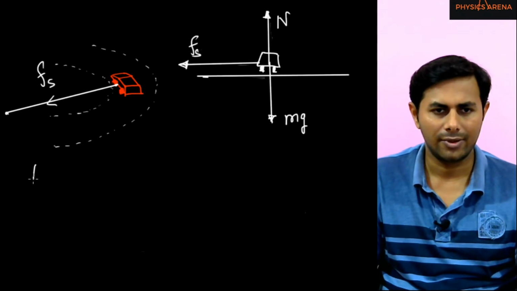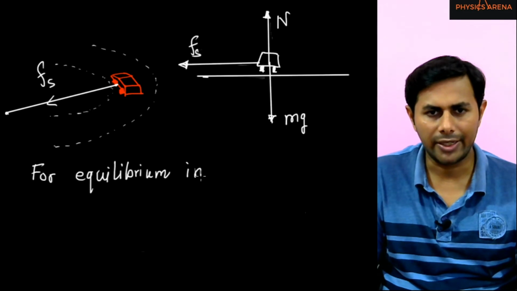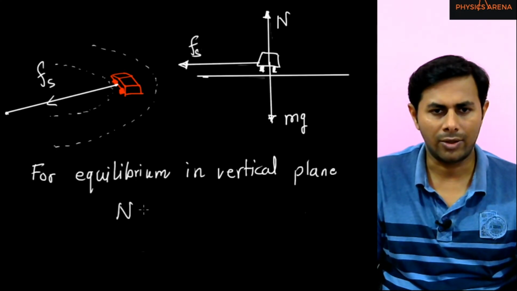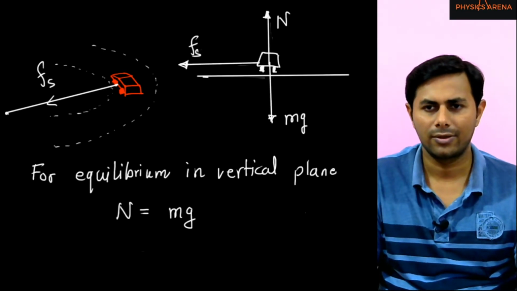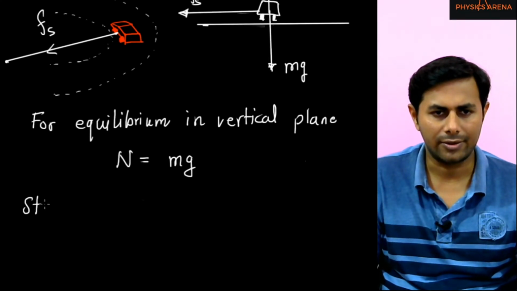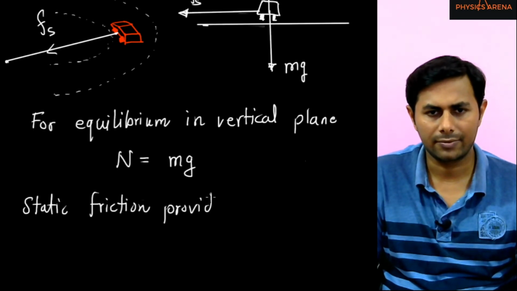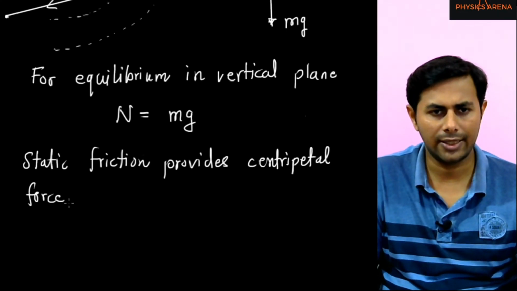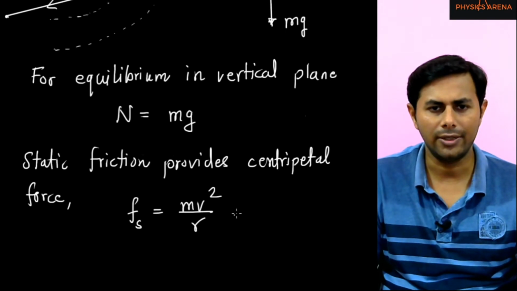So I can write that for equilibrium in the vertical plane, the normal reaction balances the gravitational force, so N equals mg, and static friction provides the centripetal force, so I can say that F_s is equal to mv squared over r.